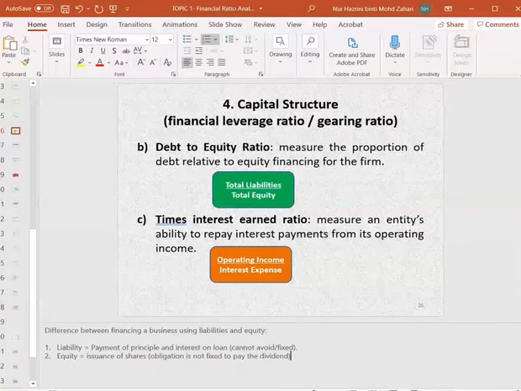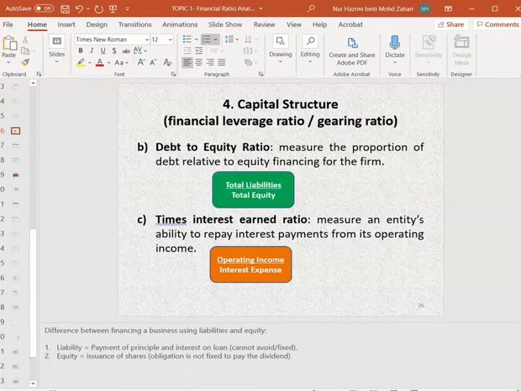But for liability, whether you make profit or not, whether you have cash or not, you have to pay interest and the principal amount when the time comes. For equity, if you don't have cash or don't make profit, you don't have the obligation to pay the dividend.